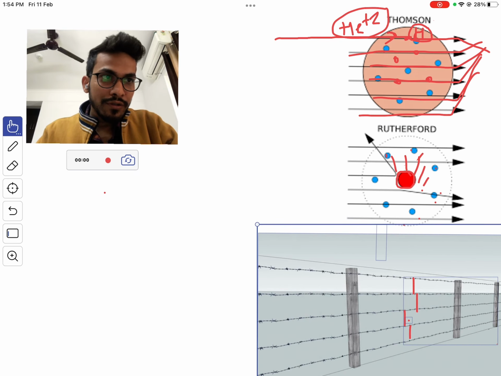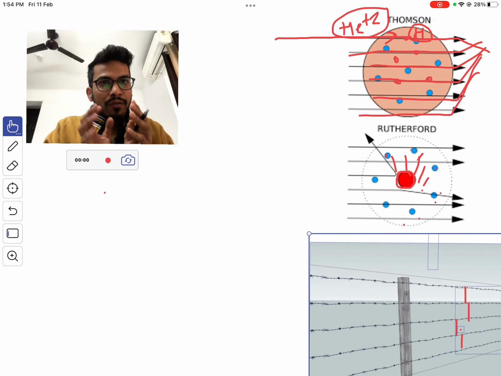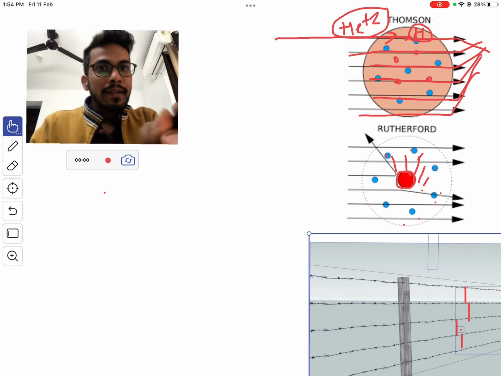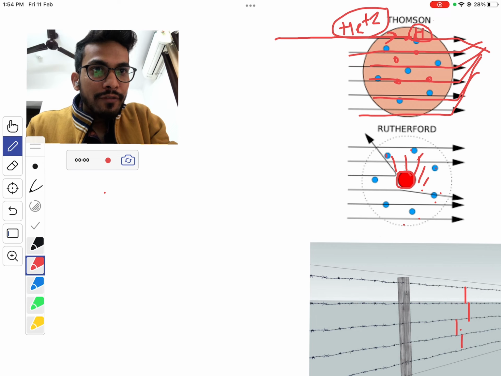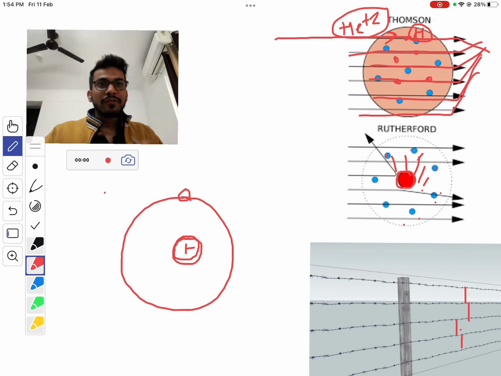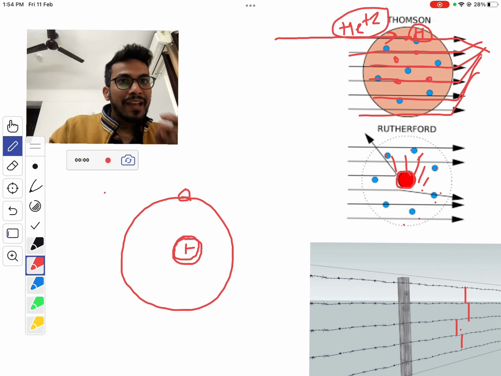But if the Rutherford model was totally true, then there was some minor contradiction. And what was that contradiction? If there is a positive charge proton inside the nucleus, and the electrons are revolving around the nucleus, just let me know, if electrons are revolving around a circular path and accelerating, then isn't it that electrons will radiate some energy?